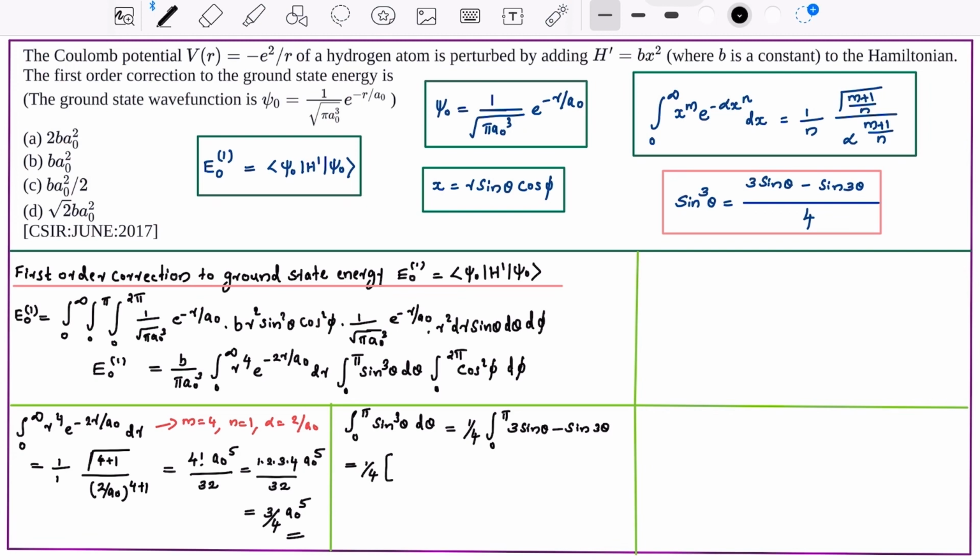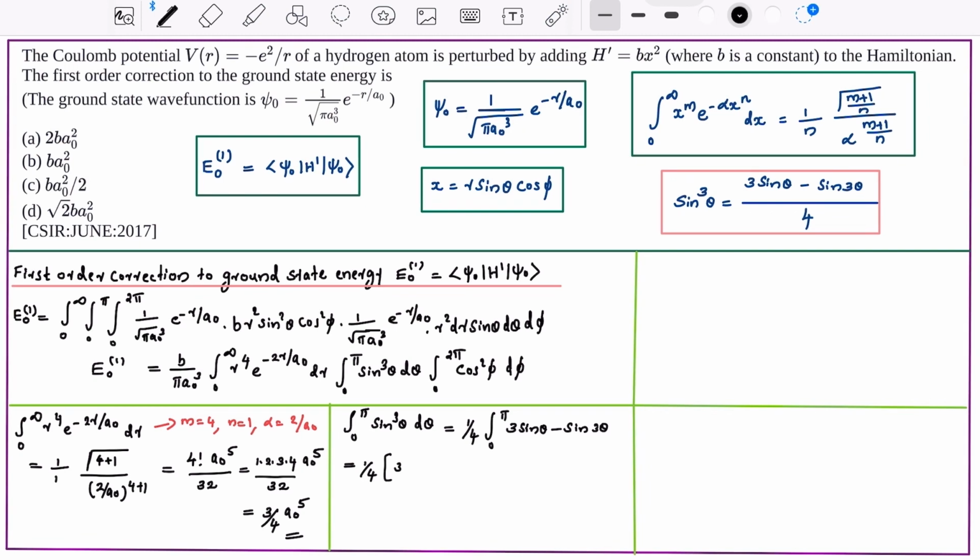The integral 0 to pi of sin cube theta d theta is equal to 1 by 4 [3 into (minus cos theta) plus cos 3 theta by 3] in the limit from 0 to pi, that is equal to 1 by 4 [3 into 2 minus 2 by 3], that is 1 by 4 into 6 minus 2 by 3, which is equal to 4 by 3.